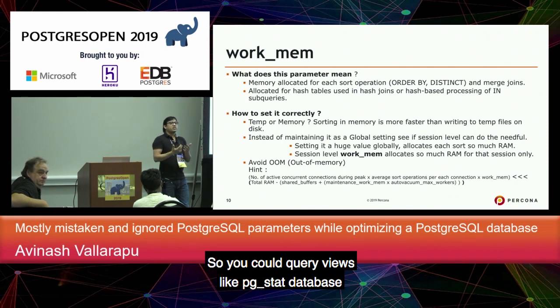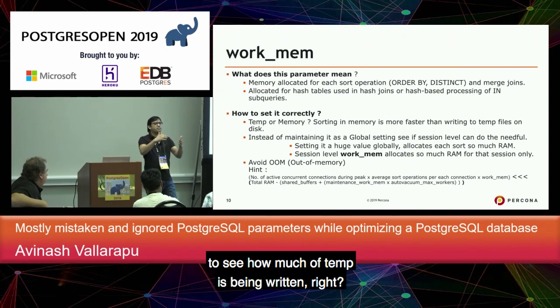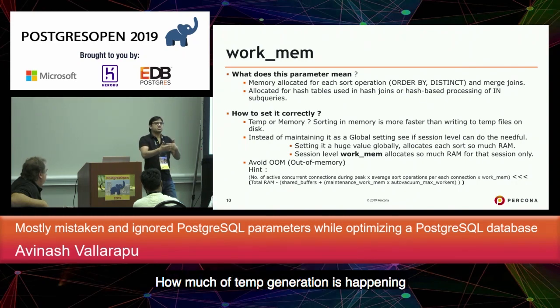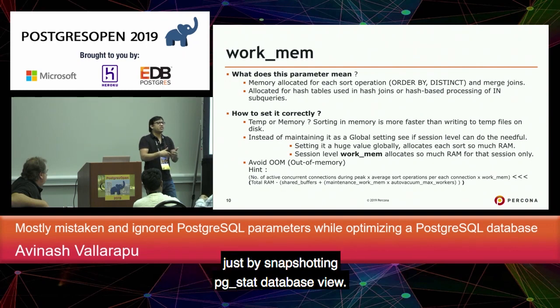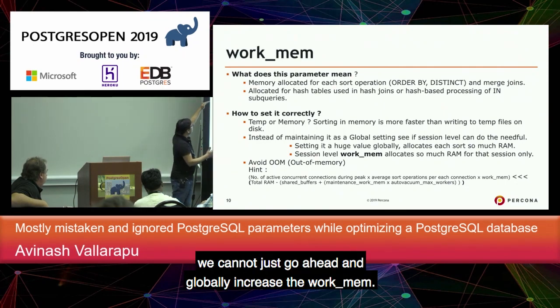You could query views like pg_stat_database to see how much temp is being written, how much temp generation is happening, just by snapshotting the pg_stat_database view. But just by looking at that, we cannot just go ahead and globally increase work_mem.